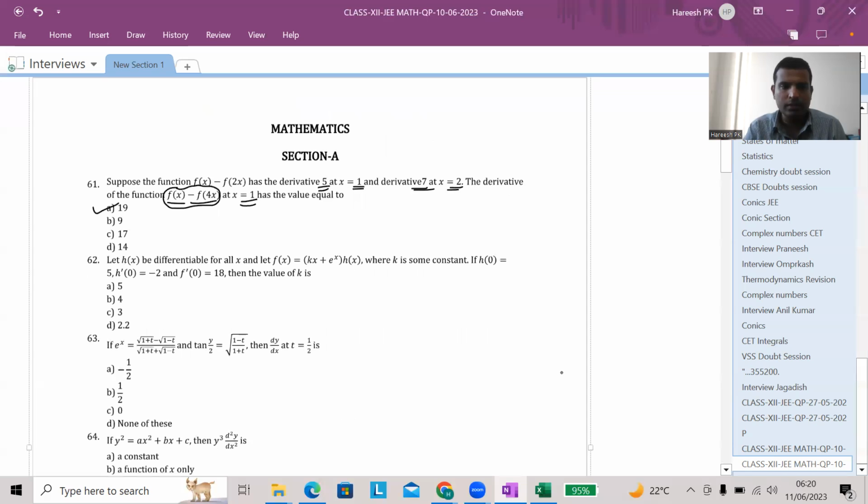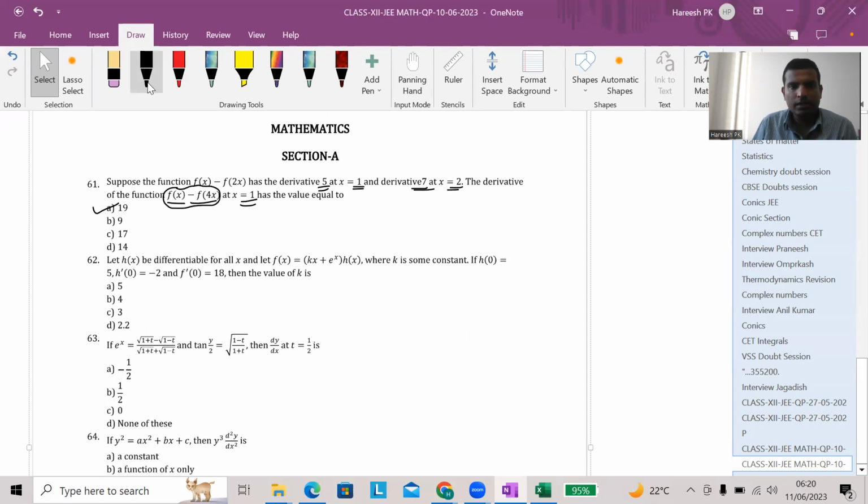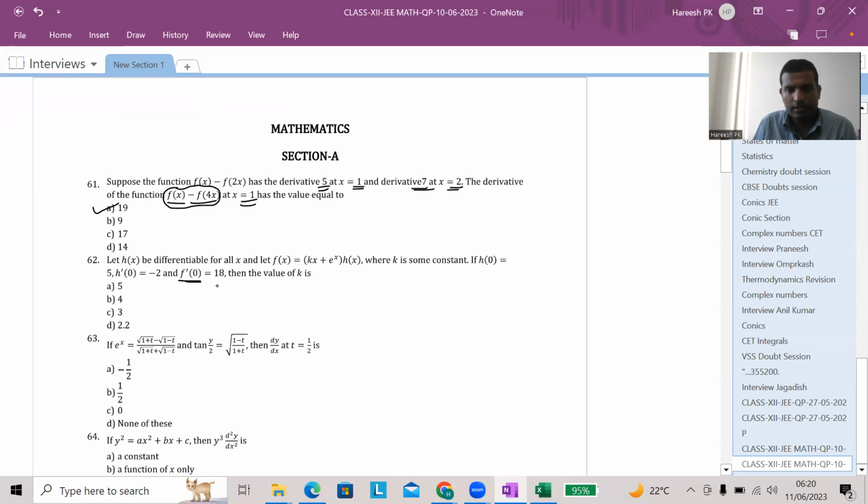The next one is also a direct question. They have given f dash 0 is 18, right? So this is our f of x and f dash 0 is given. So directly differentiate using product rule. Let us see what we get.